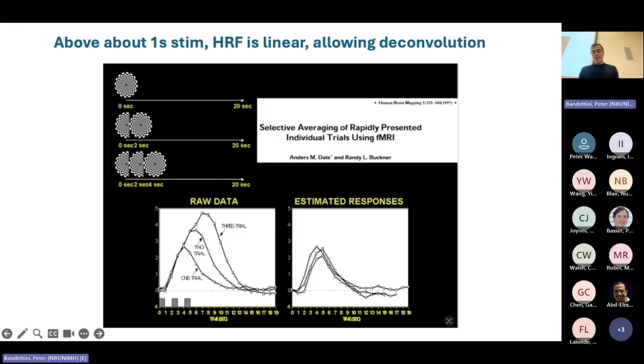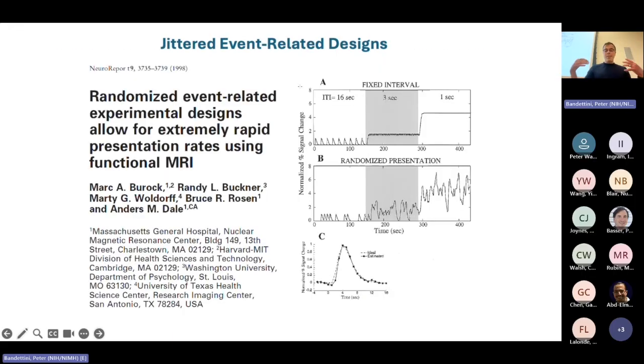Because of that, that evolved a paradigm that was wonderful. That we use all day, all the time, even today. And that is randomized event-related. So jittered event-related responses, where instead of giving a block design where you give responses for 30 seconds or so, then off, then on, and instead of giving an event-related design where you have to wait another 15 or 20 seconds until the hemodynamic response completely dies down, you can go very fast.